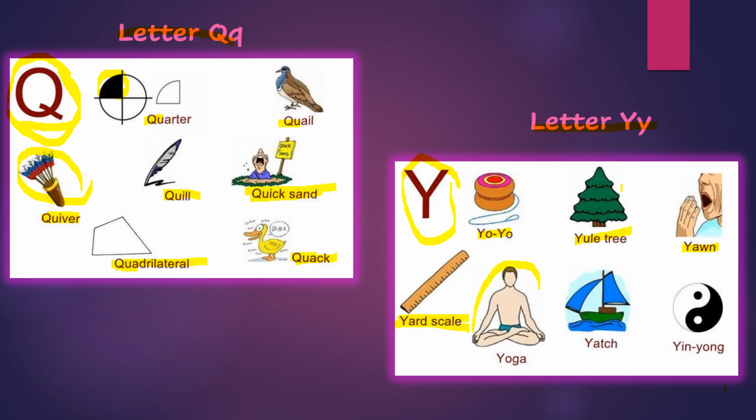This person right here is in a pose, and he's doing an exercise. That exercise is called yoga. The next picture we have is a big boat called a yacht. And this one right here is a symbol of balance.